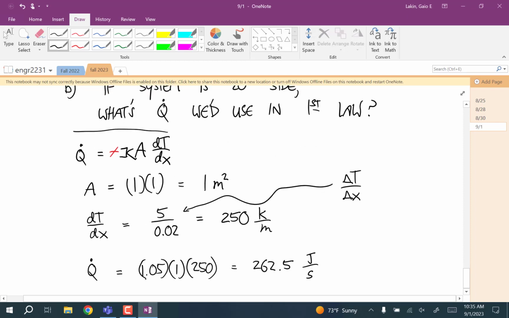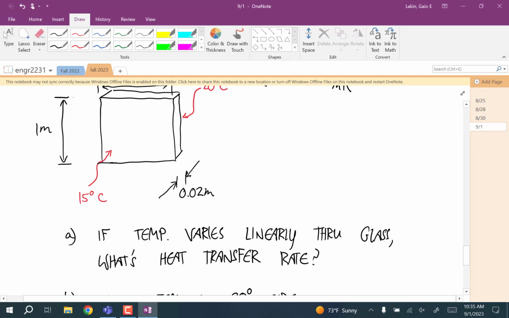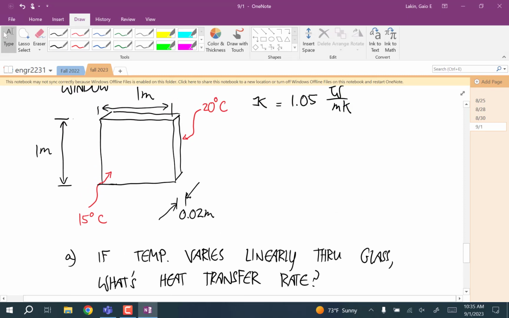Now, so this was part A. Now for part B, we're going to assume that the system we care about is on the back side of that window. So is energy going to be leaving our system through heat or entering our system through heat? Leaving. It's always going from high to low.